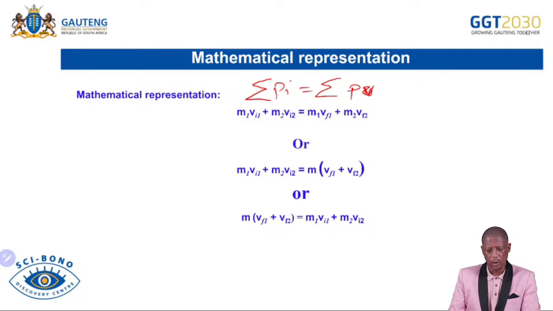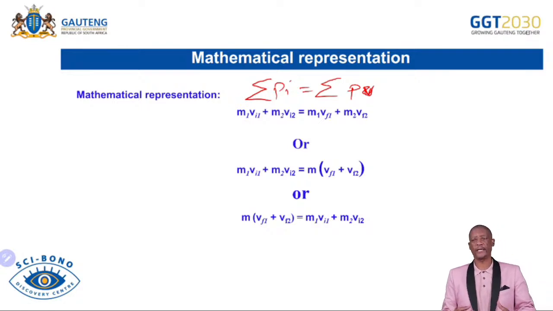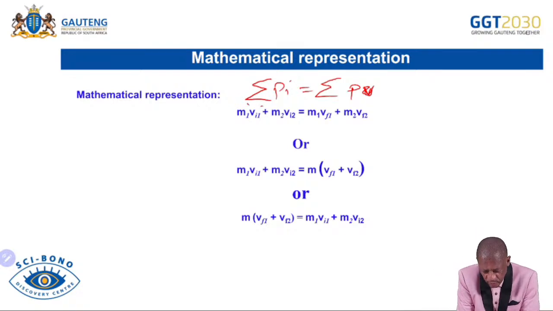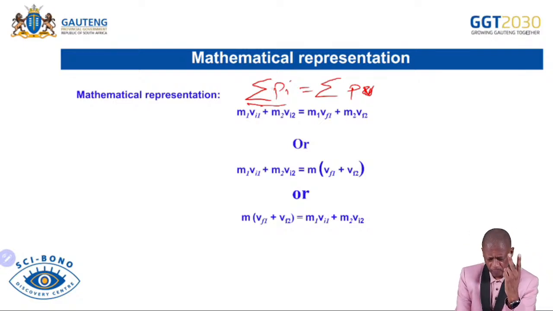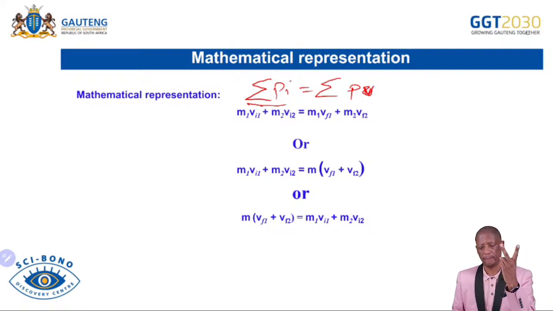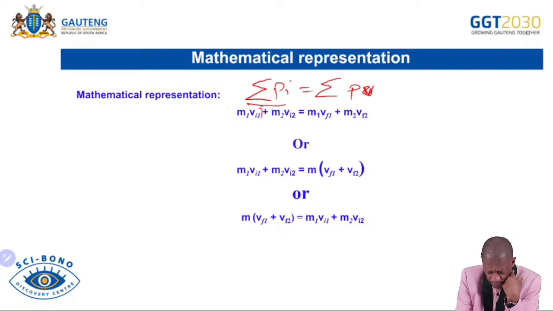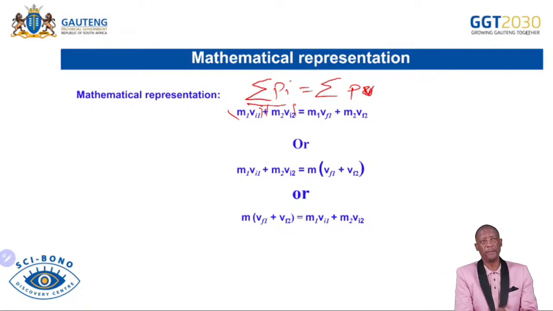Now, you want to formulate a formula that will assist us to calculate. We'll do it mathematically. That's why we're saying mathematical representation. So in mathematical form, we are breaking this down. We are dealing with two objects. So we have object one. Object one has momentum. Momentum is what? Mass times velocity. This is object one, this is object two. So it's a sum. It means you are adding object one to object two.